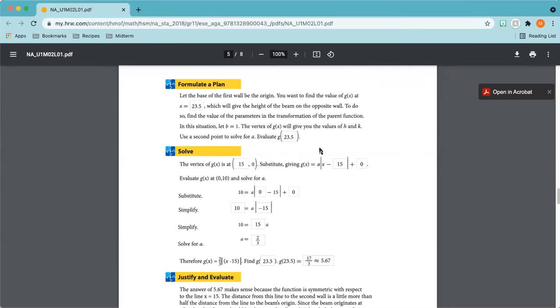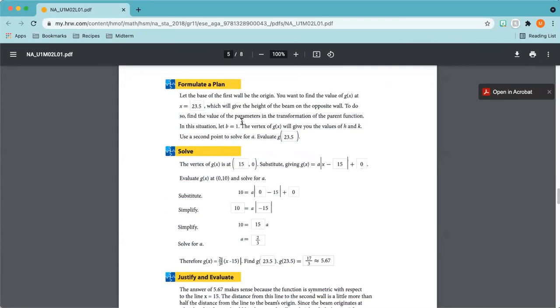Yes, we need to find the original equation, that transformation one, and then plug in 23.5 for our x in order to find out what our y is. So that one's kind of obvious. This whole bit of information is kind of useless, except I would say the first sentence, and then maybe the second and the last one.